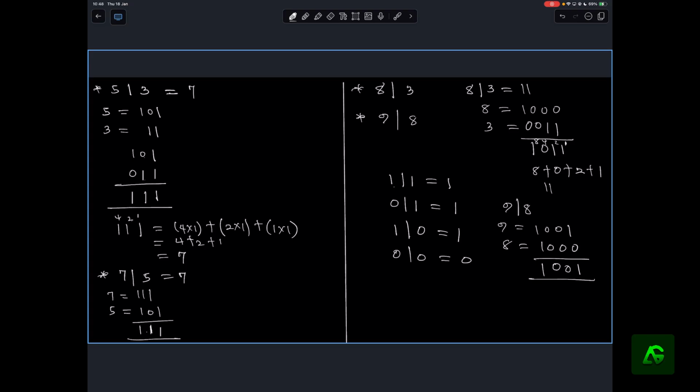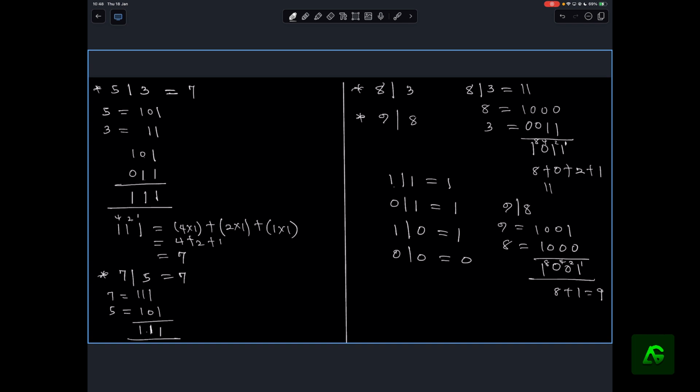Now we need to change this to base 10. That is 1, 2, 4, 8. Here we discard those digits with 0 and focus on the ones with non-zero value. 8 times 1 is 8. 1 times 1 is 1. It results in 9.